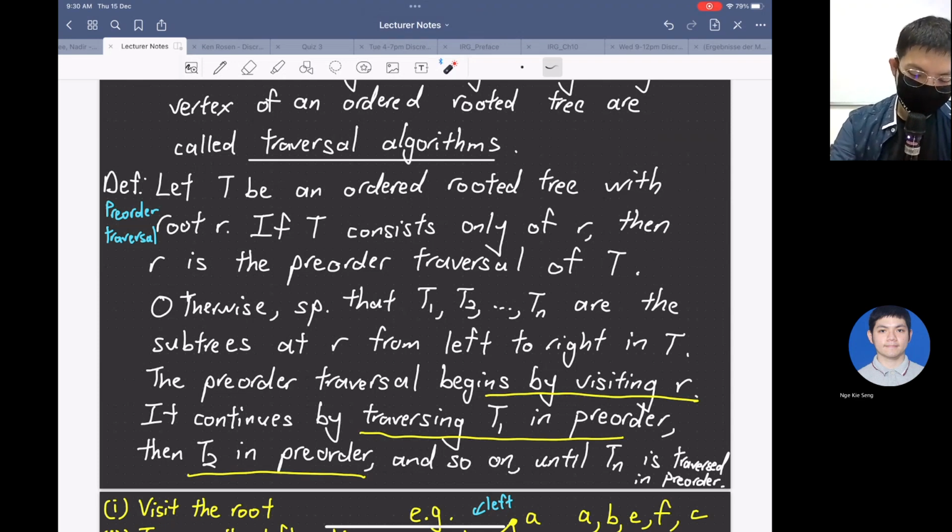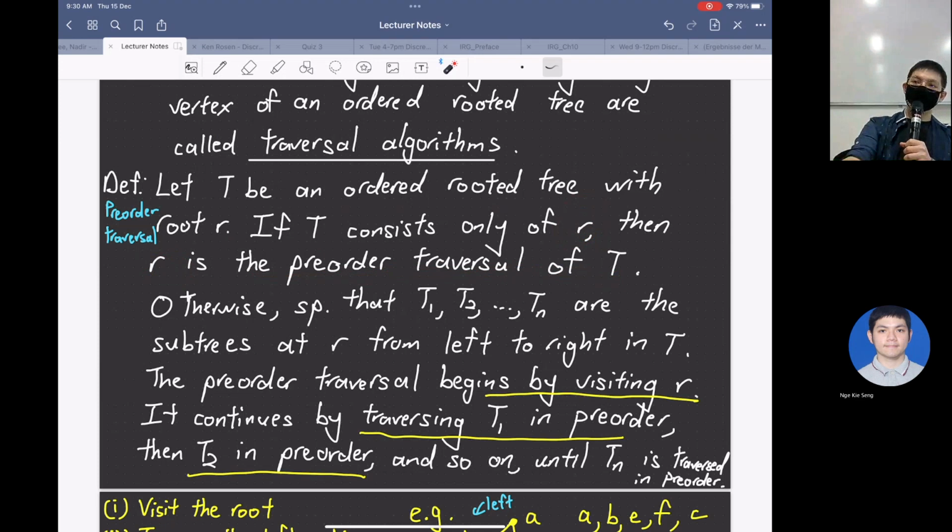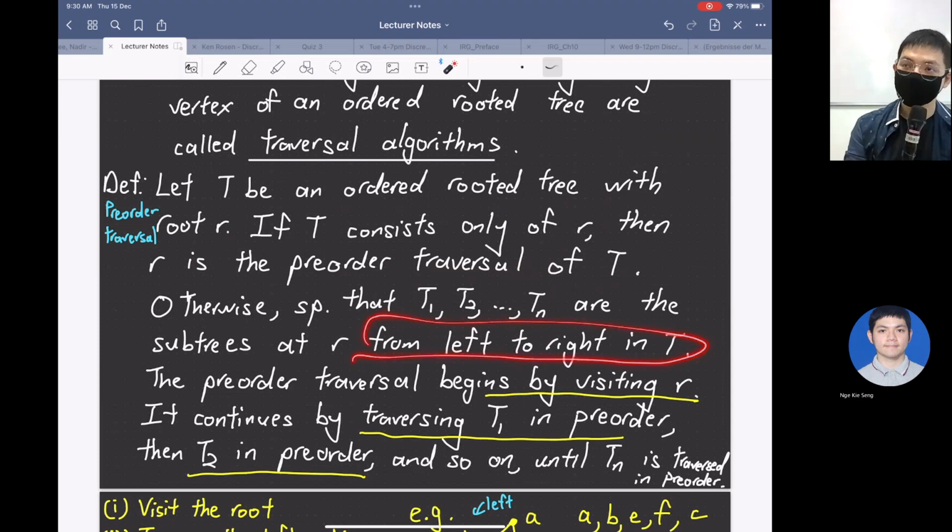So let's say you are given an ordered rooted tree with root R. If the tree is just one vertex, then that vertex is the pre-order traversal of T. But let's say your tree has subtrees T1 up to Tn, labeled from left to right.